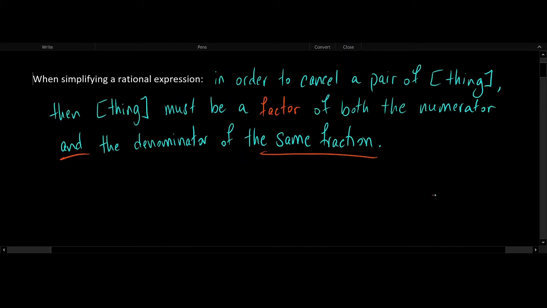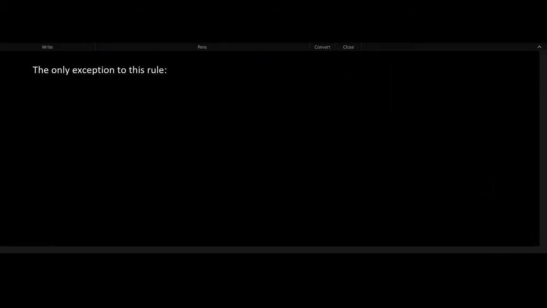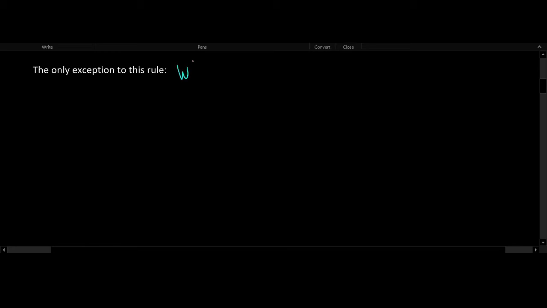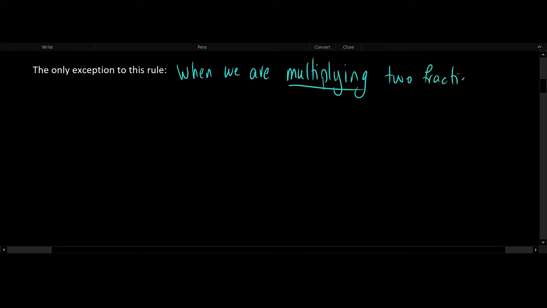Now there's only one exception to this rule, and that arises when we are multiplying two fractions together. When we are multiplying, specifically multiplying two fractions, we can do something called cross-canceling.